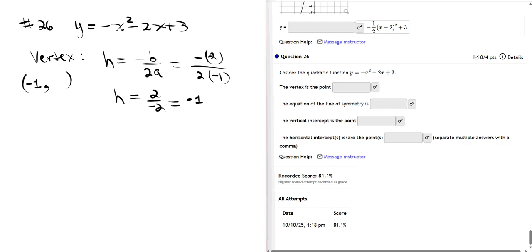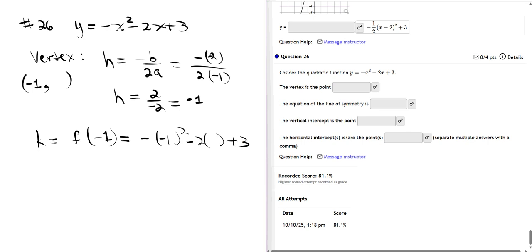Now to find k, I've got to take the x coordinate and plug it into the function. So my function, which is here, is -x² minus 2x plus 3.